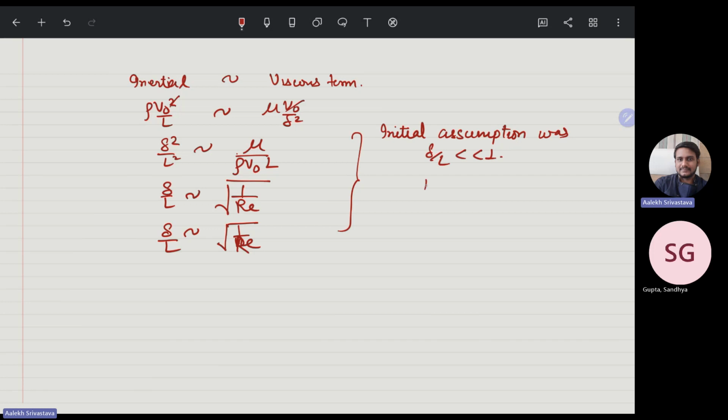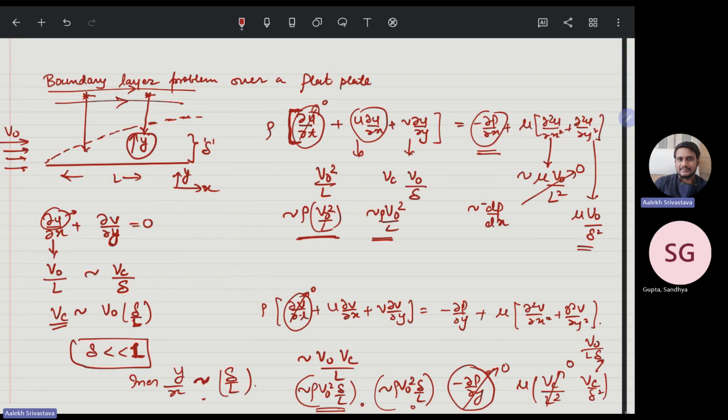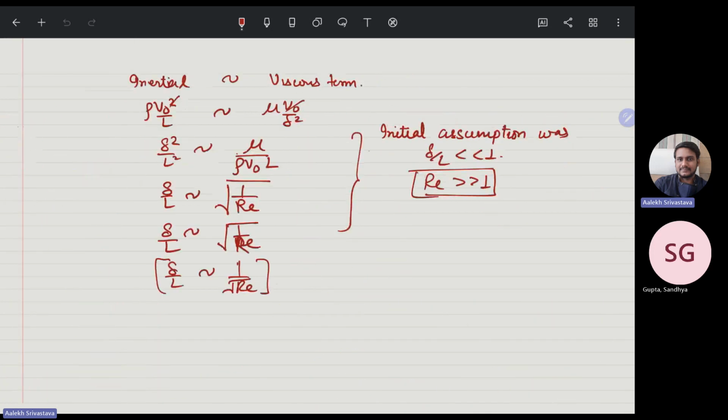That is only possible when RE is much, much greater than 1. Therefore, the assumption that delta by L is under root of 1 by RE is only valid in that case. This is called the boundary layer analysis of flow over a flat plate. It is only valid when the Reynolds number is much, much greater than 1, that is, a high Reynolds number flow.